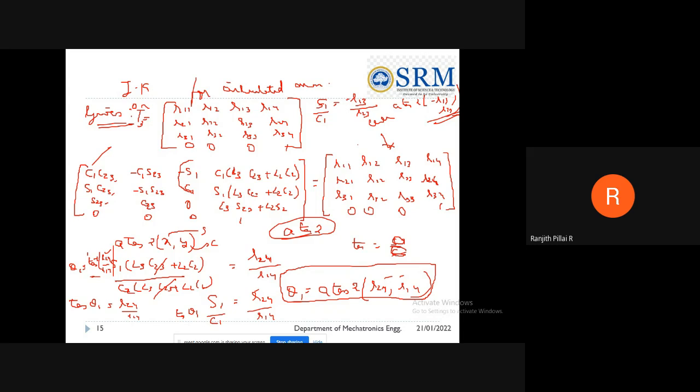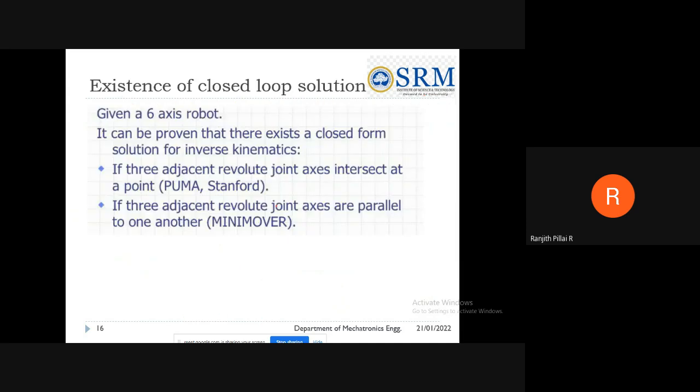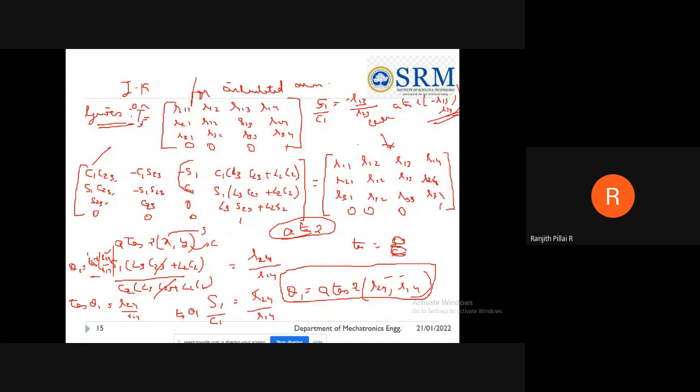There is no combination where 1 and 2 come. So can you directly solve? No. So the other two unknowns cannot be obtained directly. Is it correct? So I'll put here a statement.